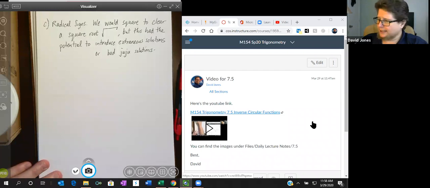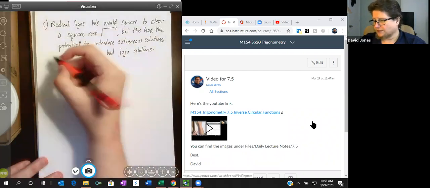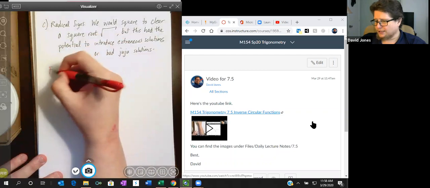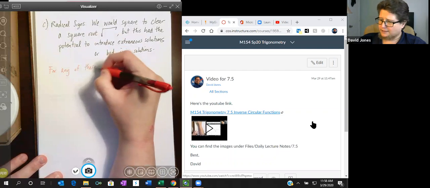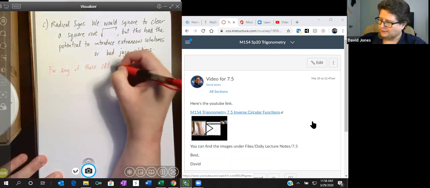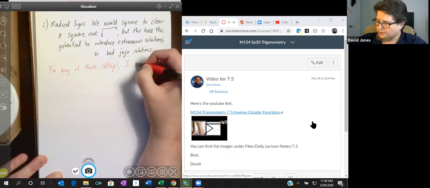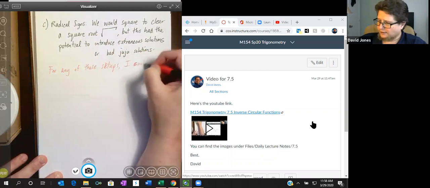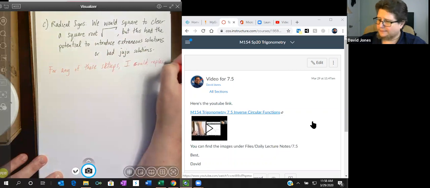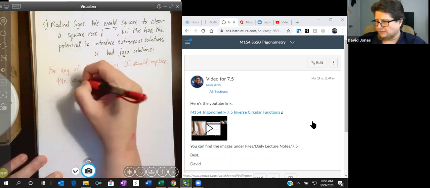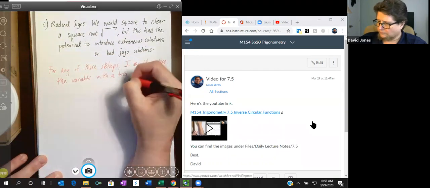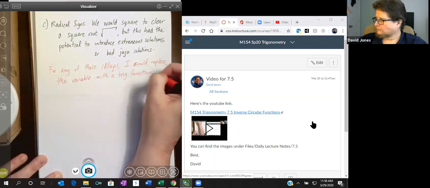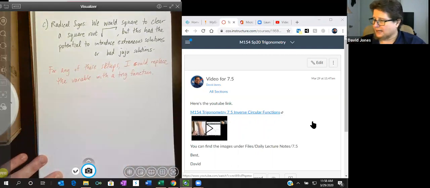In trigonometry, for any of these equations, these setups, linear or quadratic, I could replace the variable with a trig function. And the solution was much the same.